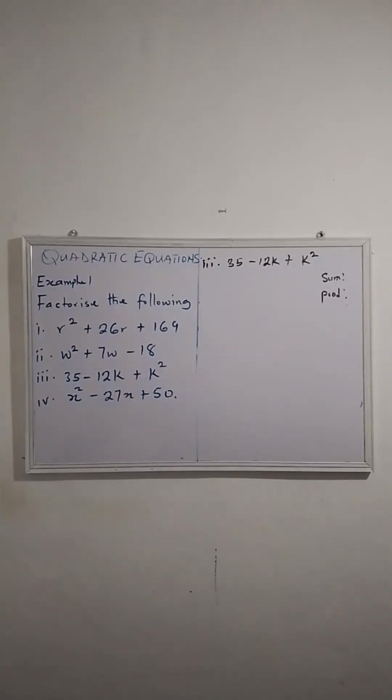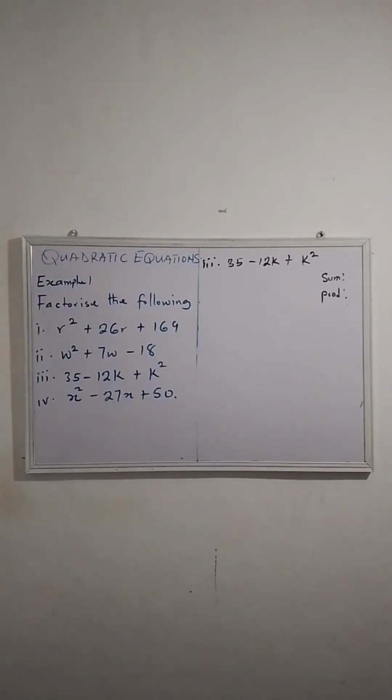Once you have your answer, you drop that in the comment section. Okay, so I can see someone says the sum is negative 12 and product is 35. Please ensure you don't follow the crowd. I expect every one of you to drop your answer.